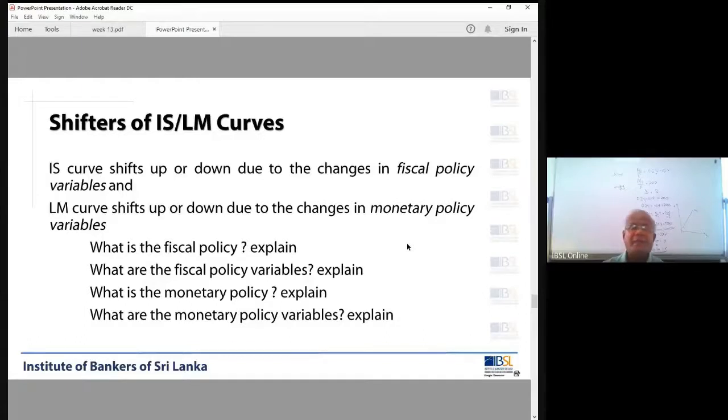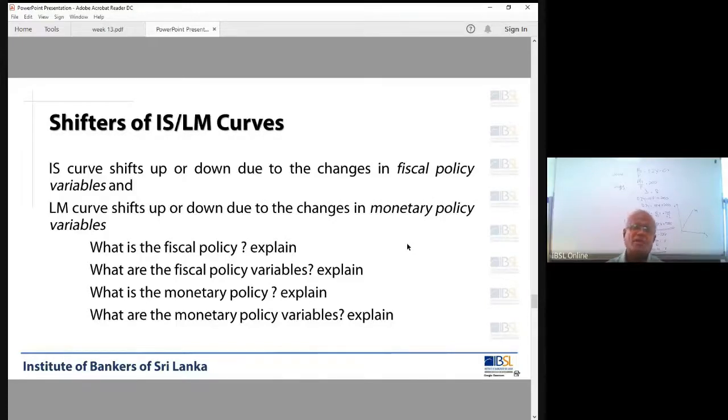Like that in macroeconomics, you can use the downward sloping IS curve and upward sloping LM curve, then shifters. The IS curve can go up or down, and the LM curve can go up or down. When the IS or LM curve moves, the economy's interest rate and income change, like quantity and price in microeconomics. Here also GDP and interest rate change.